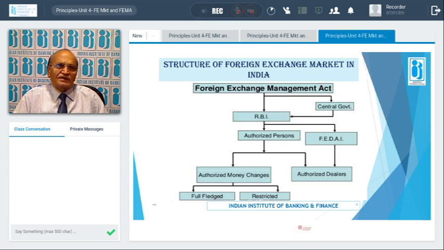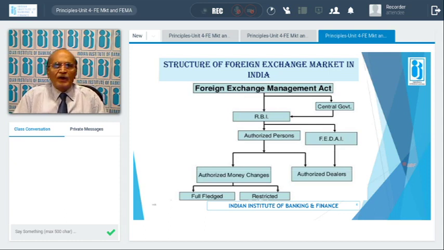Let us have a look at the structure of foreign exchange market in India. The foreign exchange market can be divided into, one, the regulators, Reserve Bank of India. Second is central government. The government passes various acts and rules. The RBI as a regulating authority regulates the implementation of the rules framed by the government of India.